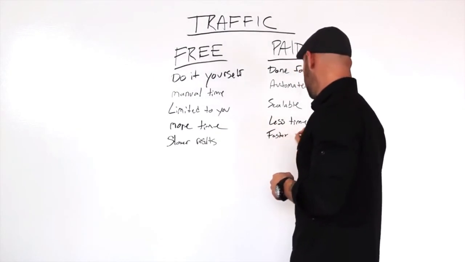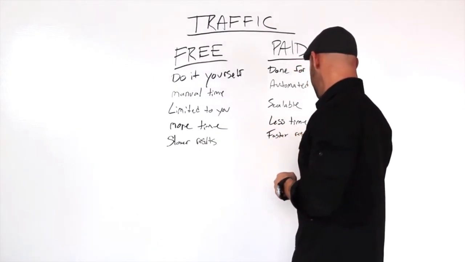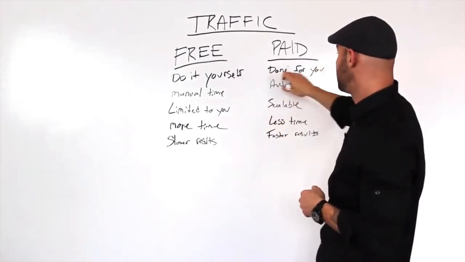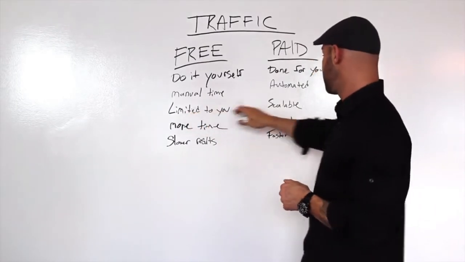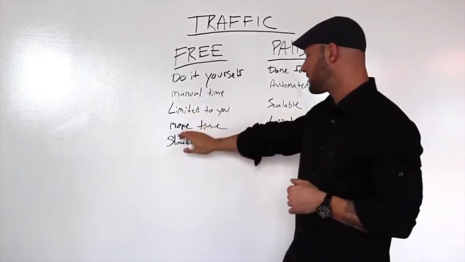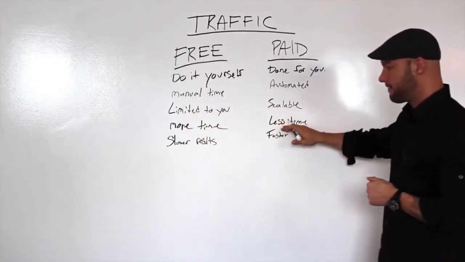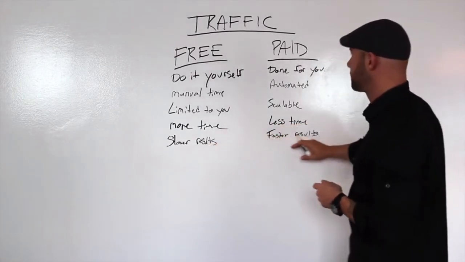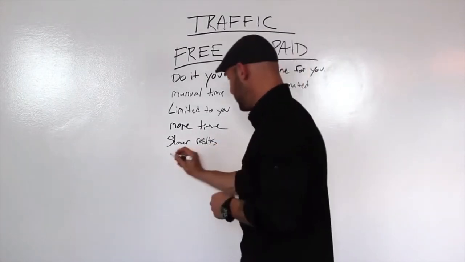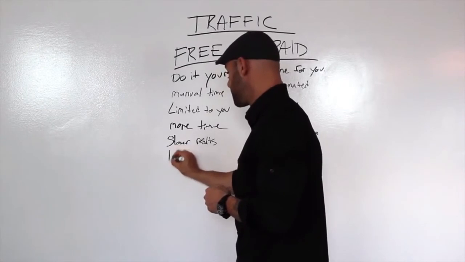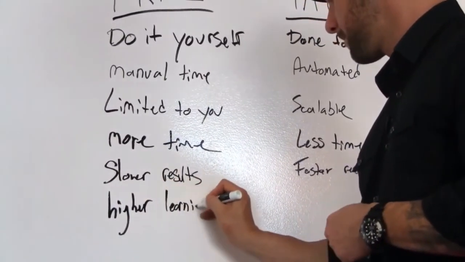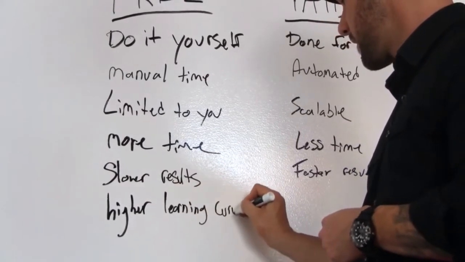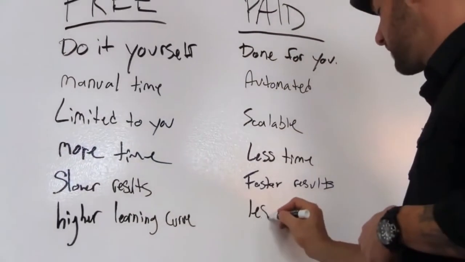Faster results. So you have do it yourself, it's done for you, it takes manual time compared to automated, limited to you compared to scalable. Takes more of your time, takes less of your time with paid advertising, slower results and faster results. Last but not least, certainly, is a higher learning curve, whereas this is less of a learning curve.